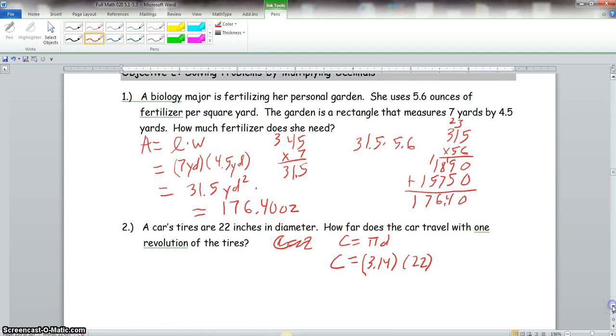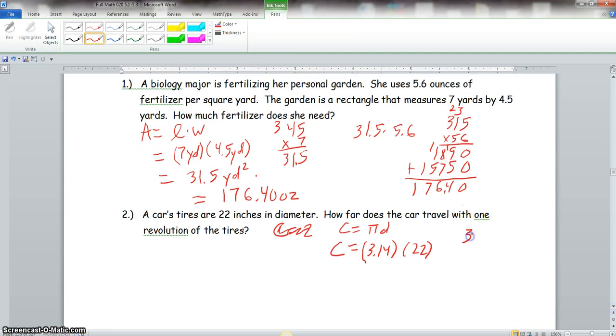Now we multiply that. 3.14 we'll make that 314 times 22. 2 times 4 is 8. 2 times 1 is 2. And 2 times 3 is 6. Add our 0. 2 times 4 is 8. 2 times 1 is 2. And 2 times 3 is 6. Now we add them. We have 8. This will be 10. 1 plus 6 is 7.